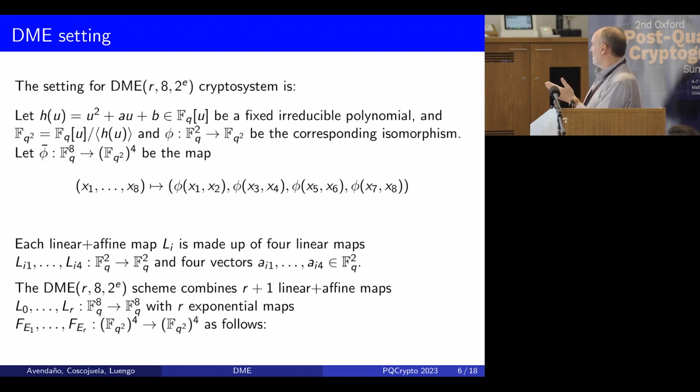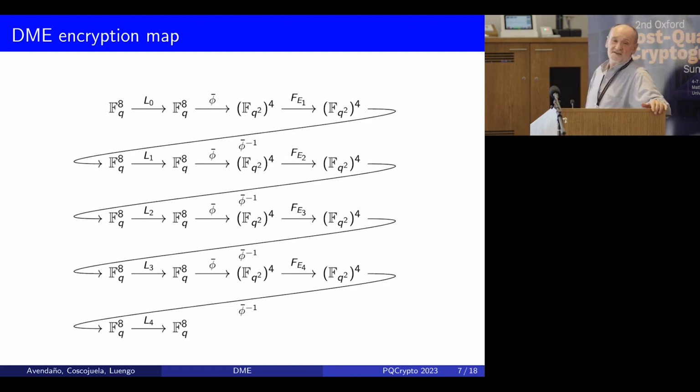I fixed the number of variables at 8. So we have R+1 linear maps and R exponentials. So this is the system.